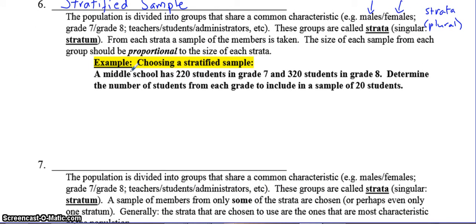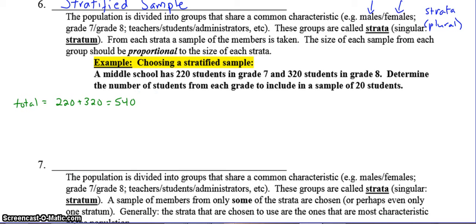So, for instance, a middle school has 220 students in grade 7 and 320 students in grade 8. That means there is a total of 540 students.